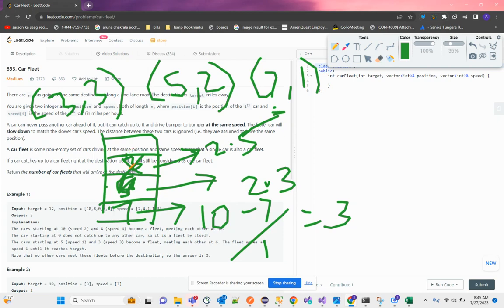That's the reason we have to pop it off the stack. To return how many car fleets, we just return the stack size. Time complexity is O of n because we are traversing the array, and space is O of n because we are using the stack.